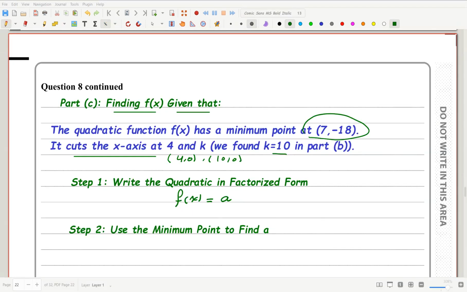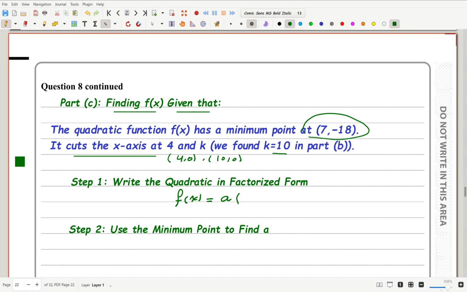So question 8, we need to find f of x, the quadratic function here, and we have a minimum point at (7, -18), and we have two points cutting the x-axis, (4, 0) and (10, 0). So f of x equals a times (x minus 4) times (x minus 10).